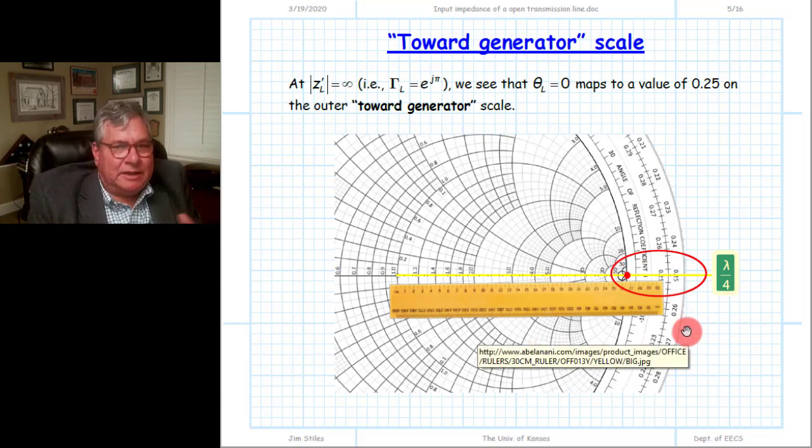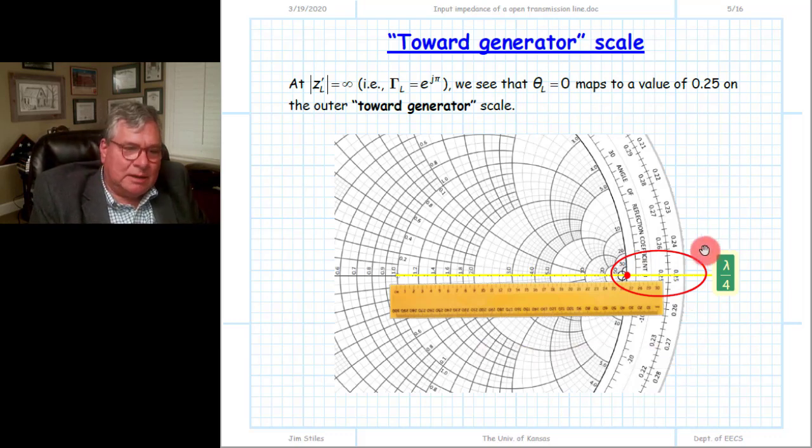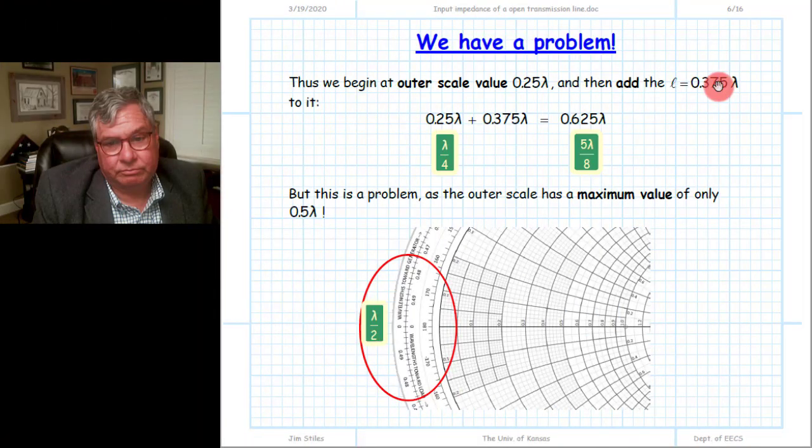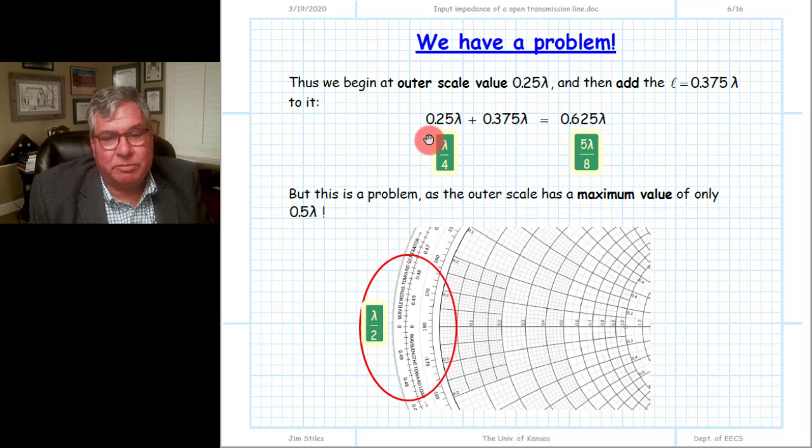What does this mean physically? It doesn't mean anything. Again, it's just an arbitrary number, just like a mile marker along the interstate highway. So we start at this value of 0.25 lambda on our outer scale. Again, just an arbitrary point.